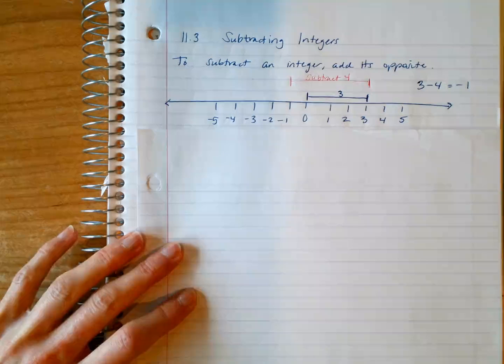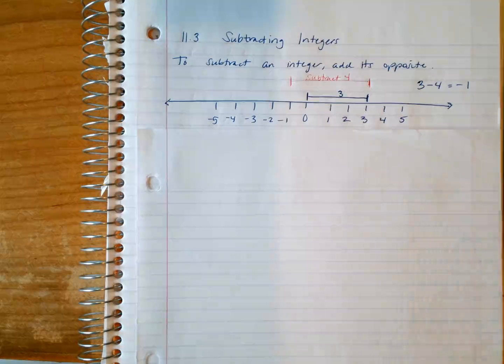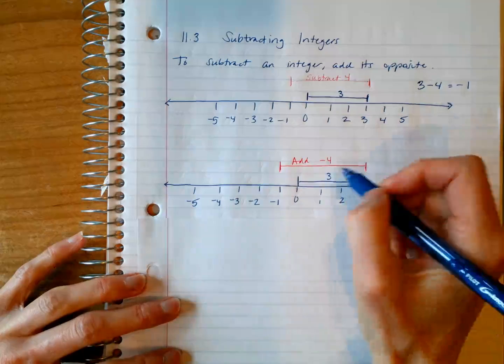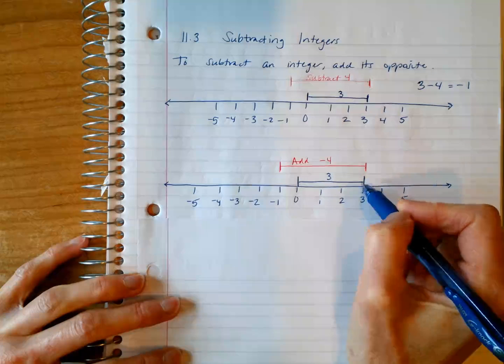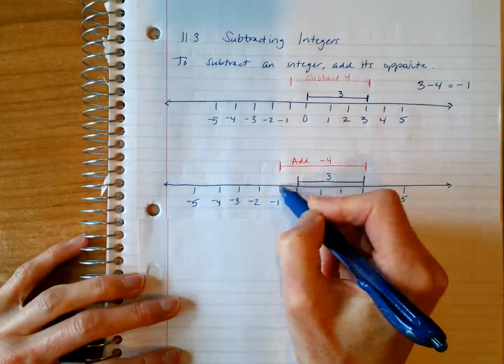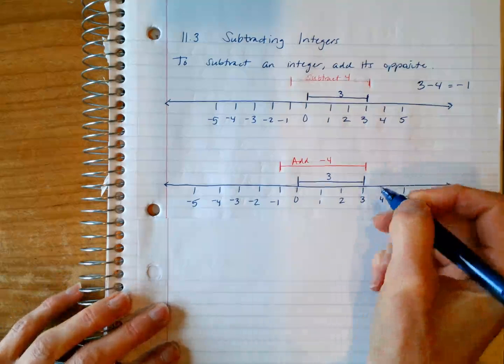Or we can also think of it as doing the method that we are going to talk about today, which is adding its opposite. And you're going to see that you simply come up with the same result. So you've got 1, 2, 3 positives. When you add the -4 in, okay, so we are going to be adding these 4 here, you are going to also end up with a -1.